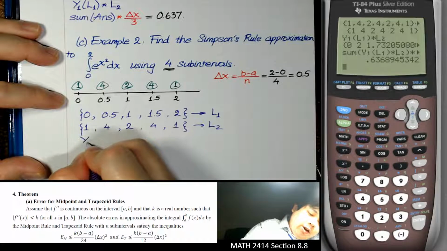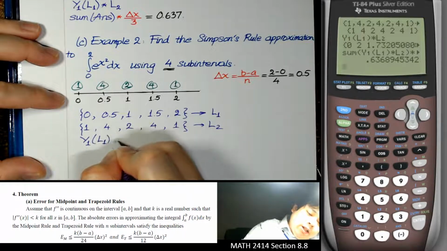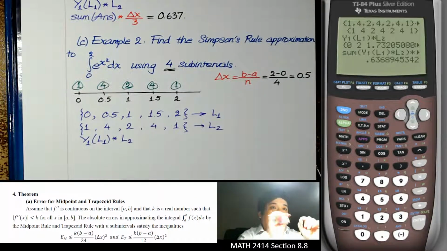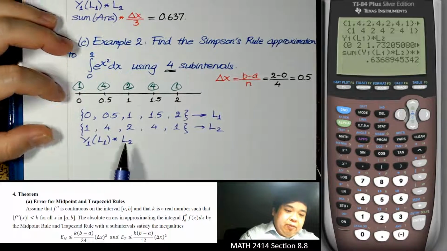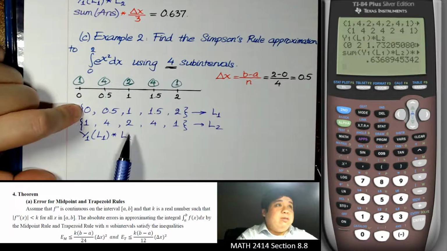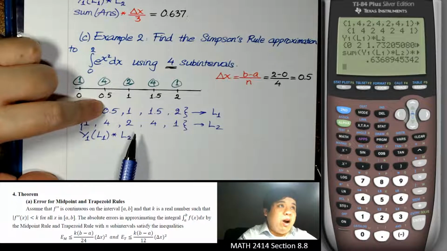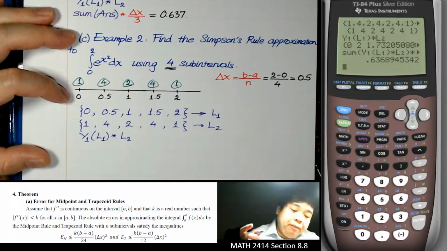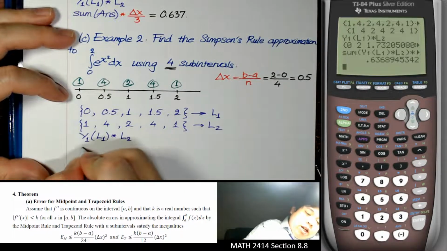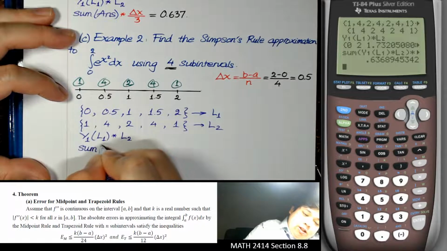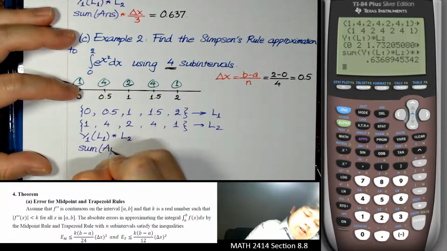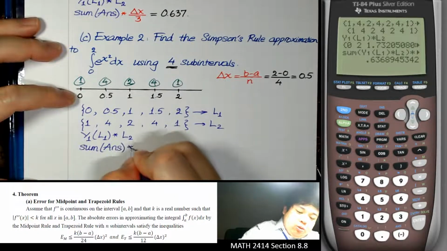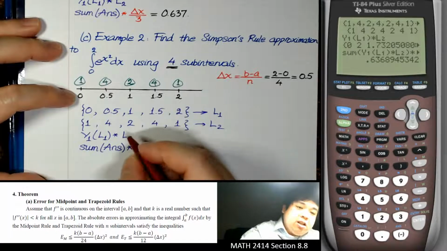And then evaluate the function at list 1 times list 2. A nice thing about when we write this is it multiplies point-wise, meaning it calculates f of 0 times 1, f of 0.5 times 4. They do that point-wise. So that's why the lists have to correspond like this. And then finally, we take the summation of all of that. The answer would be whatever we have here multiplied by delta x divided by 3.